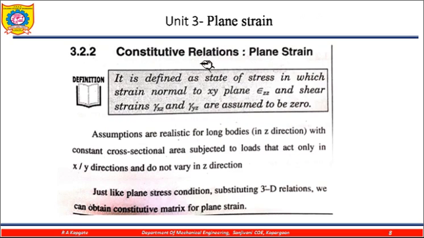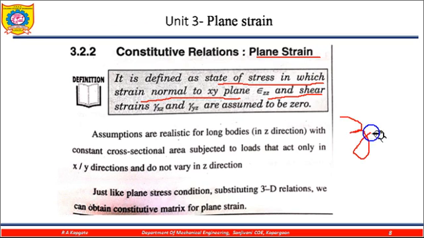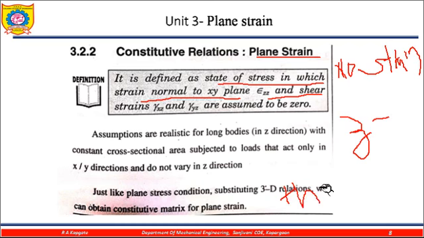Now we are focusing on the plane strain. It is the state of stress in which the strain normal to the xy plane and the shear strain are assumed to be zero. Again the same thing: there is no strain along the z axis, or along the thickness.